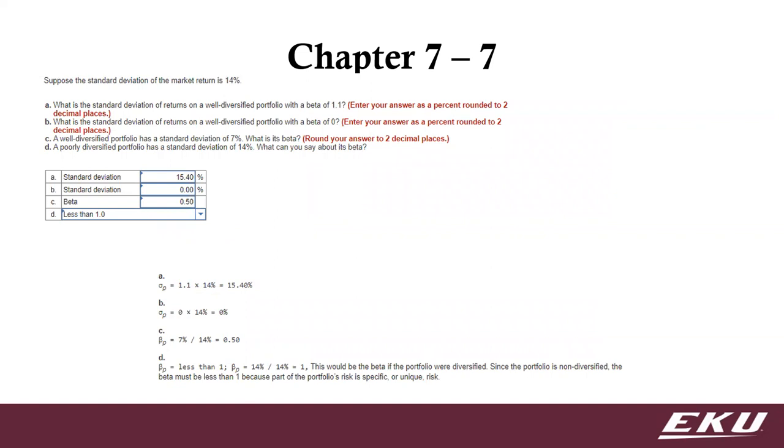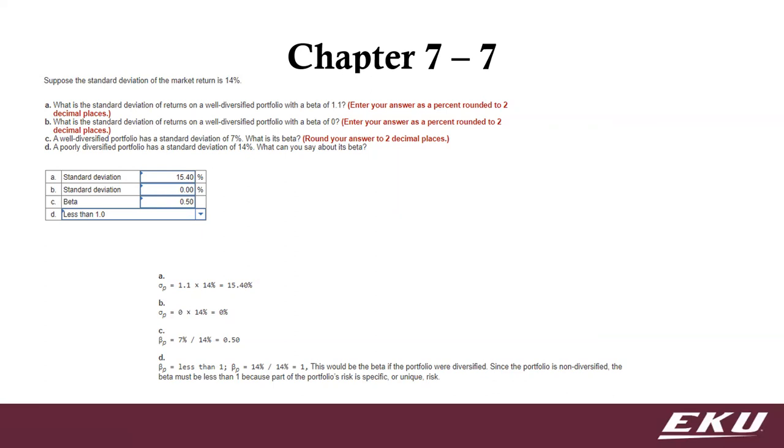Okay, so question 7, they tell us that the standard deviation of the market return is 14%. So if the beta is 1, we would expect a return of 14. What's the standard deviation if the beta is 1.1? It would be 1.1 times 14. What's the standard deviation if the beta is 0?